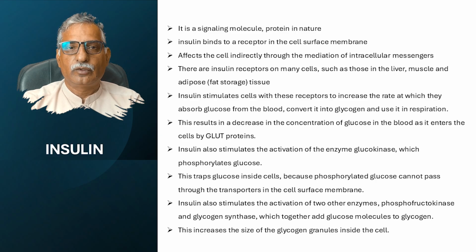I repeat that GLUT2 proteins are present in the membranes of the liver cells, but their working is stimulated by the interaction of insulin with its receptors. Whereas GLUT4 proteins are not present in the membranes of the muscle cells, rather they are present as membrane-bound vesicles within the cytoplasm.